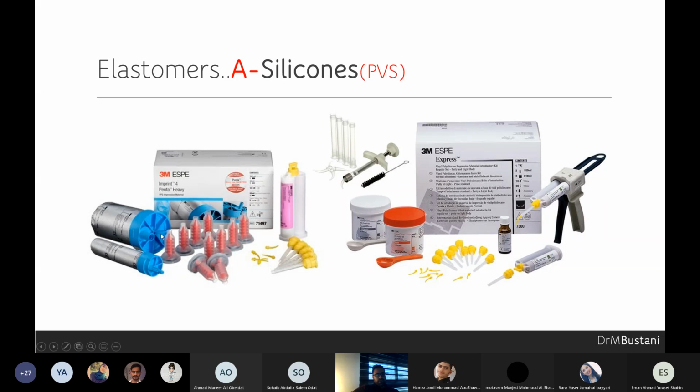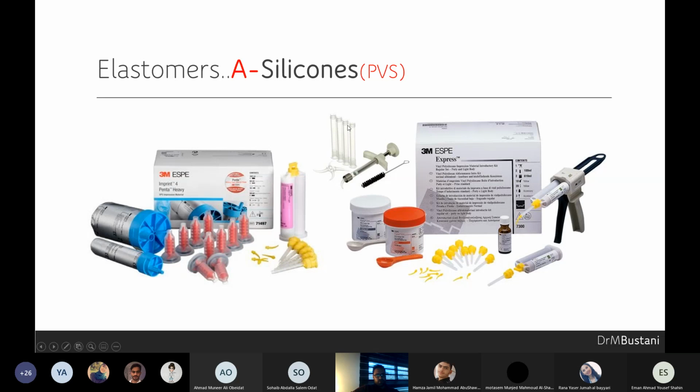It's a medium, or actually heavy or medium body silicone. These are the tips that are used for it. This one is the light body silicone. These are the automix tips with these small nozzles that are used to syringe the material around your prep, so you'll have less chance of air entrapment.